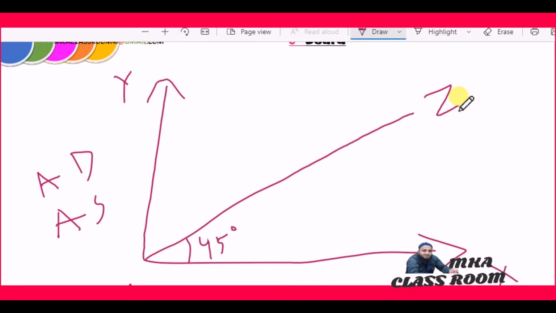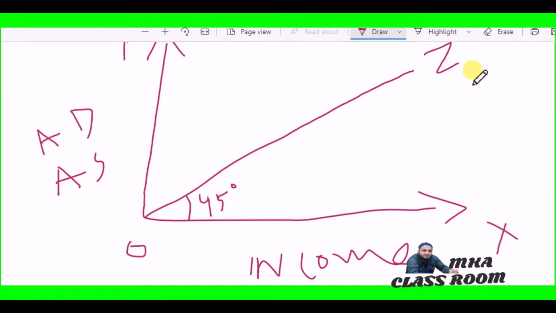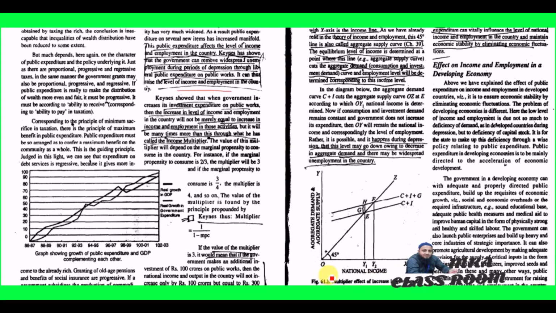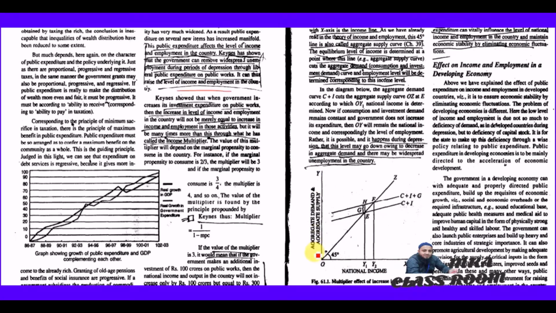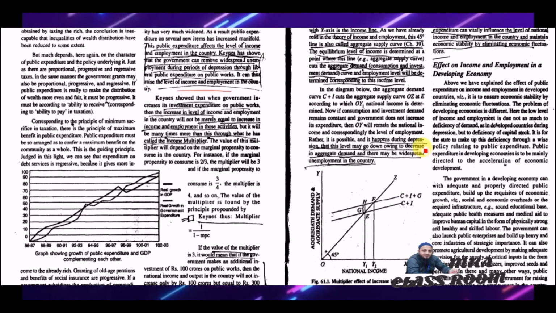So OZ is our aggregate supply curve. Here OX equals national income, OY is aggregate demand and supply, and OZ is our aggregate supply curve.